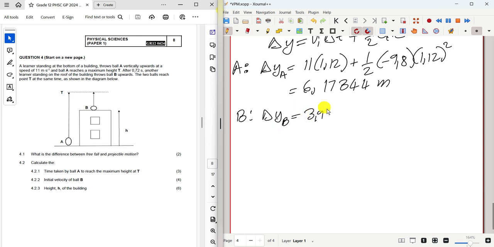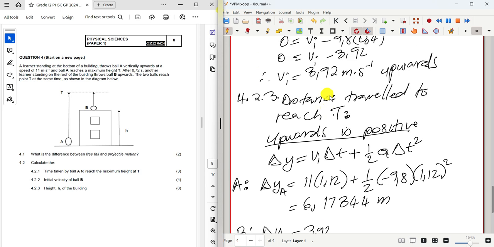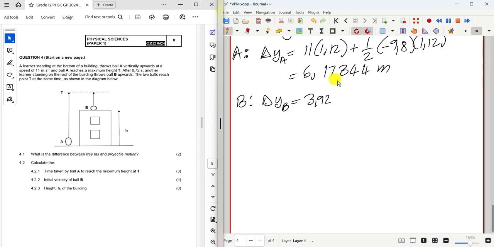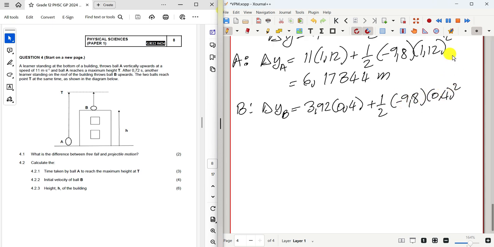Perfect. Now, for object B, again, I'm going to say delta Y sub B equals, initial velocity was 3.92. Let me go back to confirm. Yes, it was 3.92. That was the initial velocity of object B. And the time, I think it was 0.4 seconds. Yeah, it was 0.4 seconds. You guys remember 1.12 minus 0.72, it was 0.4, plus half times negative 9.8 times 0.4 squared.